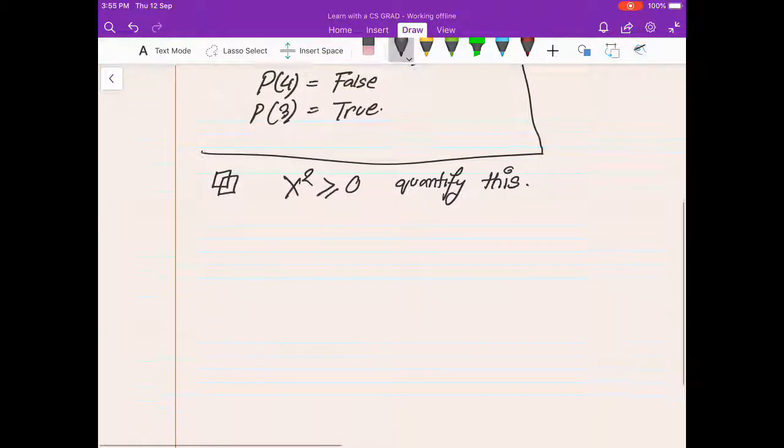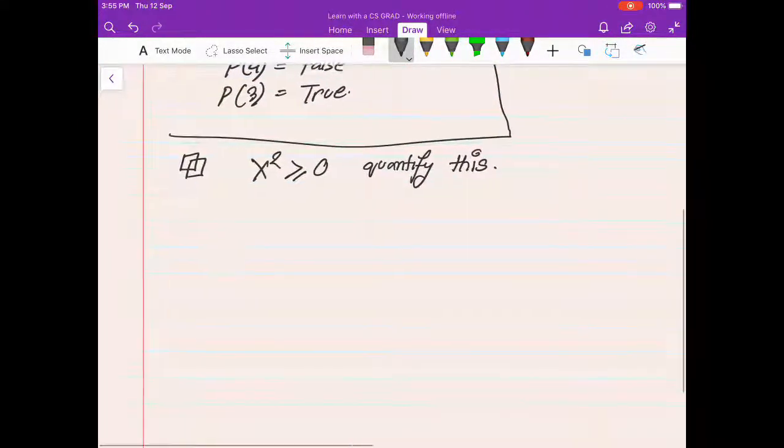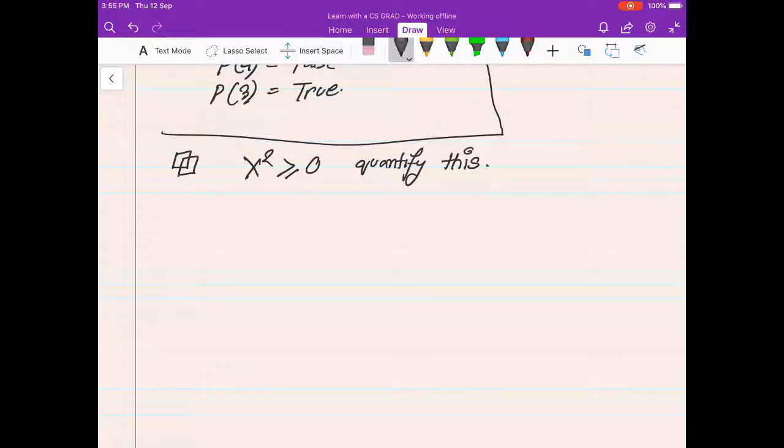We use universal quantifiers in places where, for all values of x, we would get the true or false value. So to represent all values, we use the universal quantifier, and to express some values, we use the existential quantifier.